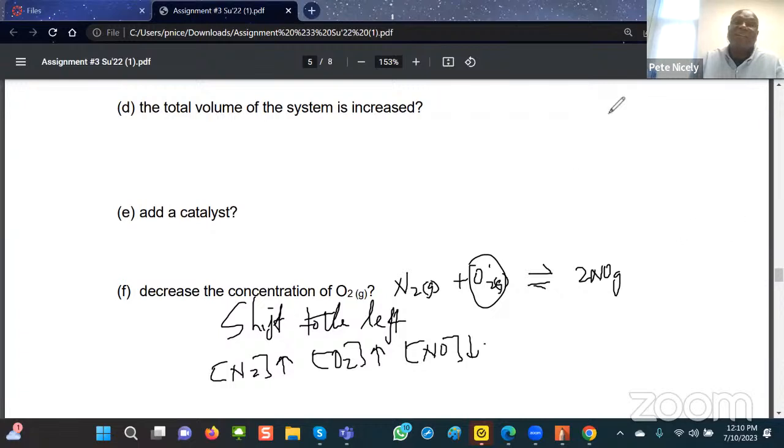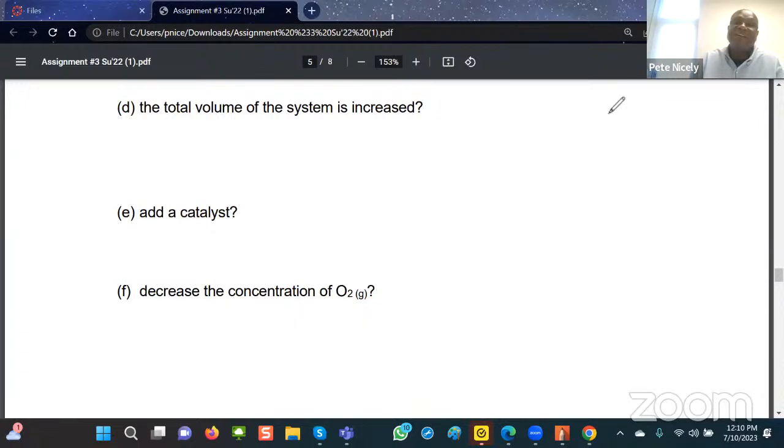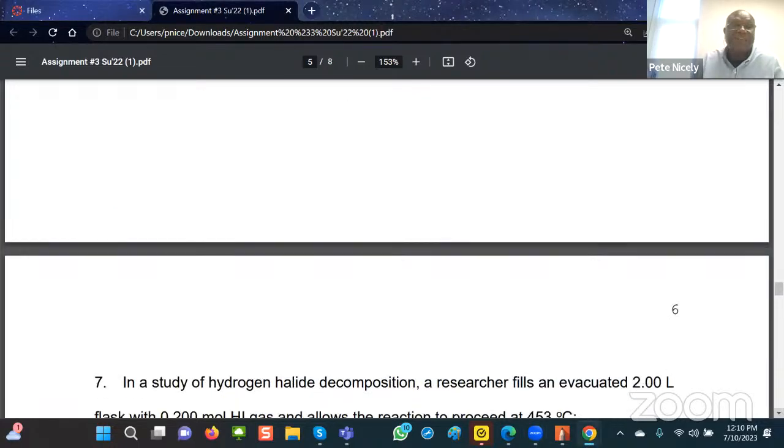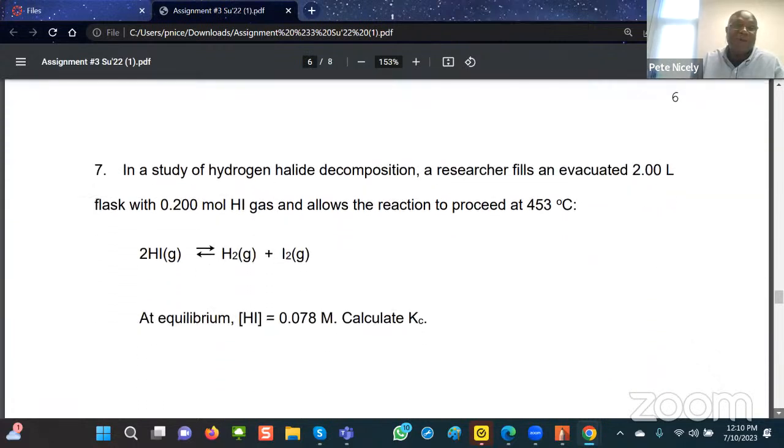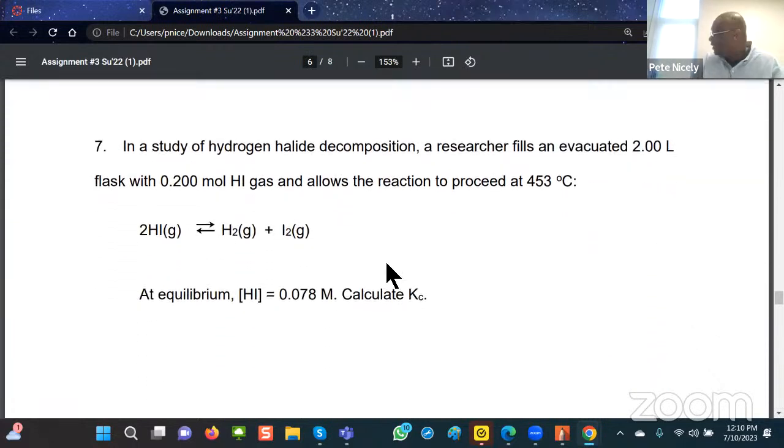Okay, so let me clear this here and scroll down to question number 7. And in question number 7, now we're going to get into more quantitative aspects of equilibrium, all right?